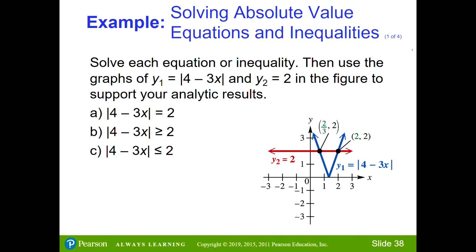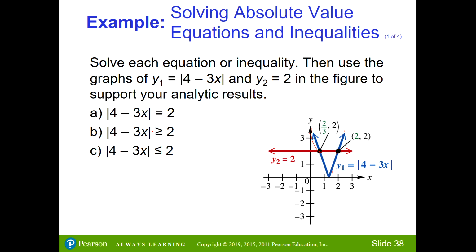Now, notice that I can also look at the solution graphically. If I graph the line y equals the absolute value of 4 minus 3x, this one, and the line y equals 2, the red line here, the solution to the equation is where the two are equal. So that's here at this point, which is 2/3, and this point, which is at x equals 2.